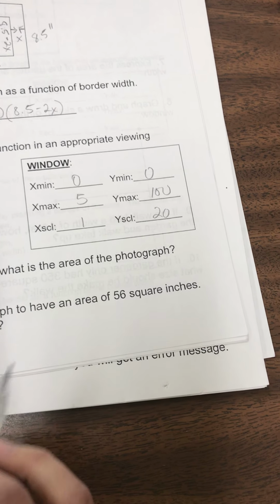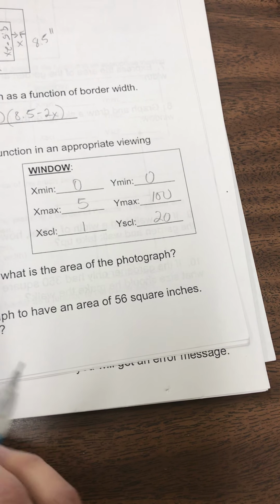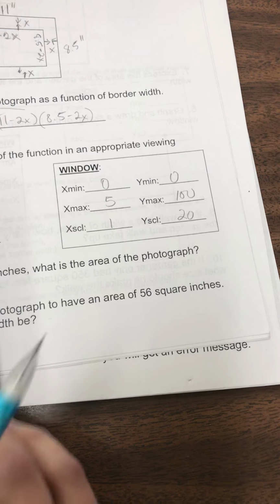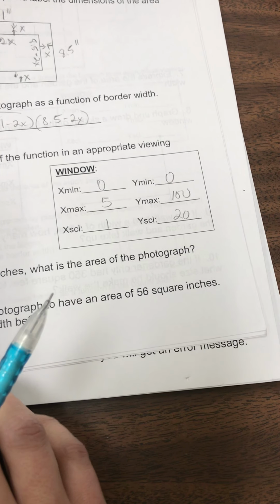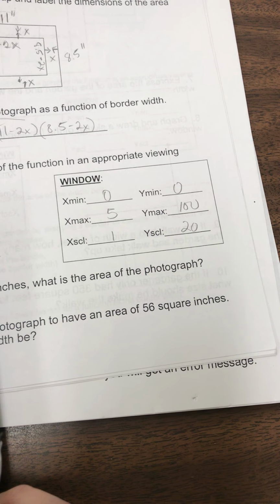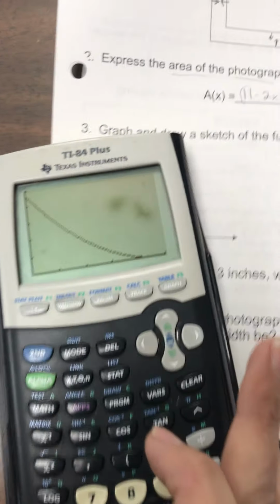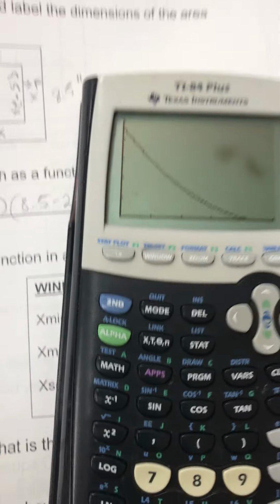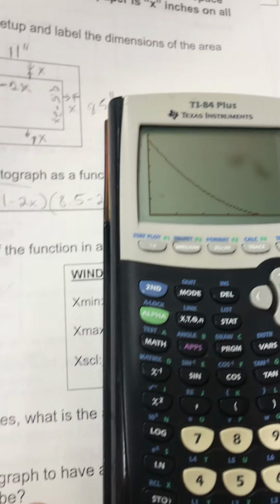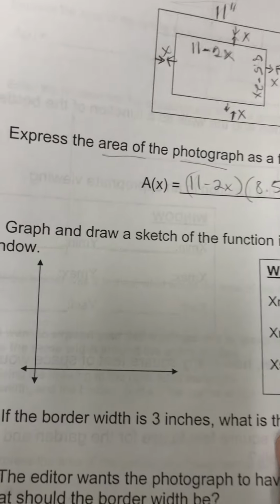So I'm just typing all this in my calculator. My x min is 0, my x max is 5. My y min is 0, my y max is 100, and my scale is 20. All right, so this is what we're going to get, right? Because we don't care about negative numbers, they don't apply here.